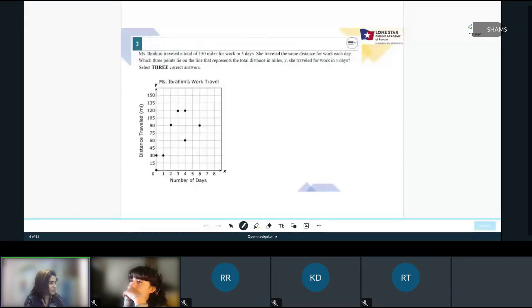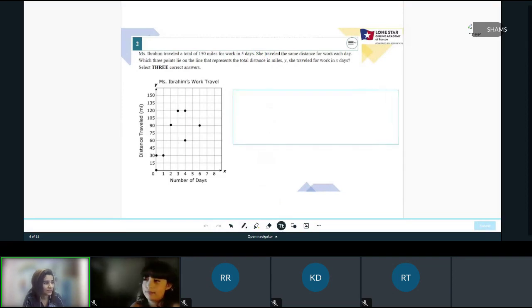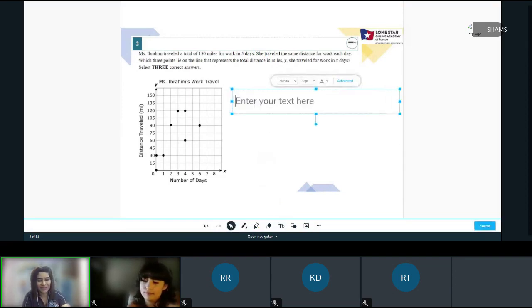Question 2, there's a scenario. Miss Ibrahim traveled a total of 150 miles for work in 5 days. Again, notice the unit rate is not given, but they tell you that in 5 days she travels 150 miles. Now we have to do some interpretation on our own.